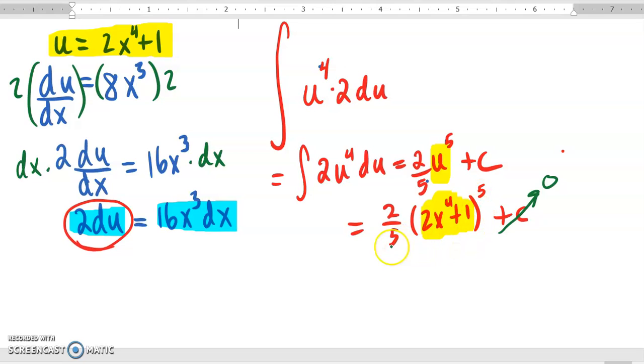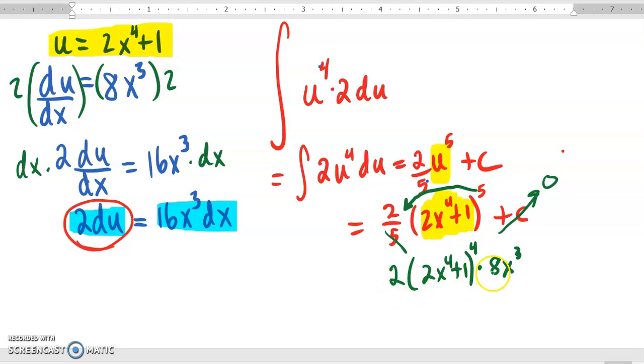And the outside function, I use the power rule. The 5 is going to come down. It's going to cancel with this 5 on the denominator. I'll just be left with 2. So it'll be 2 times 2x to the fourth plus 1 to the power of 4, because I decreased that exponent by 1, times the derivative of the inside function, which is going to be 8x to the power of 3.